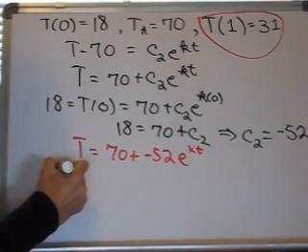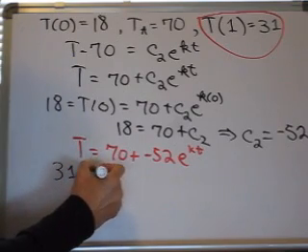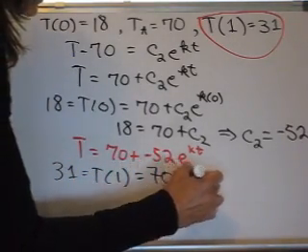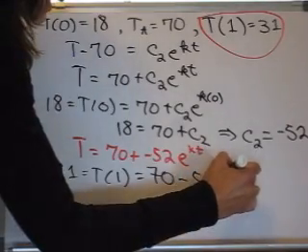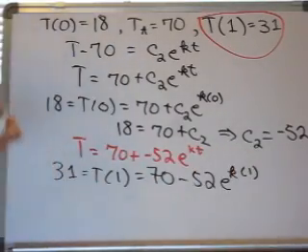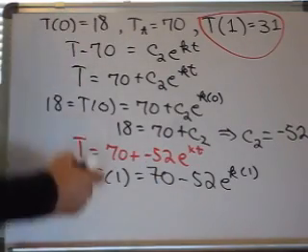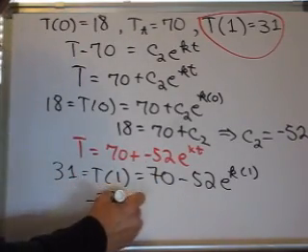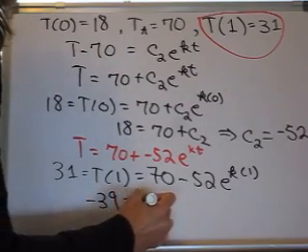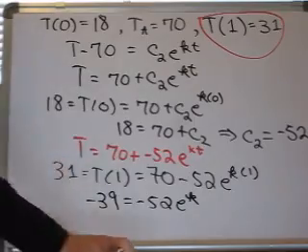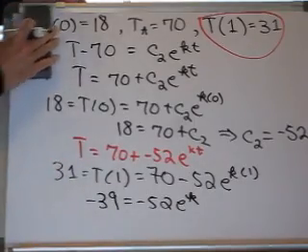So I know that 31 is equal to T of 1, which equals 70 minus 52 e to the k times 1. And if I subtract 70 from both sides, I get negative 39 equals negative 52 e to the k.